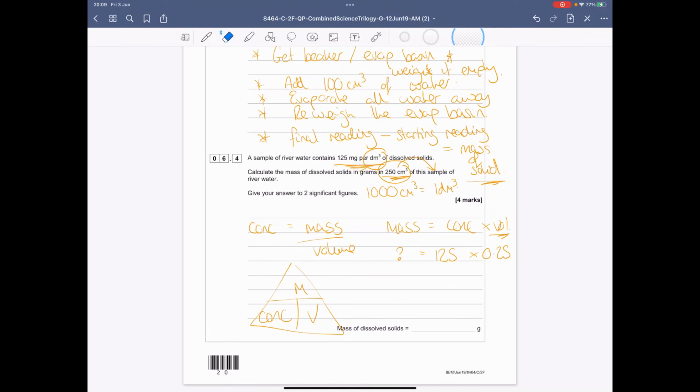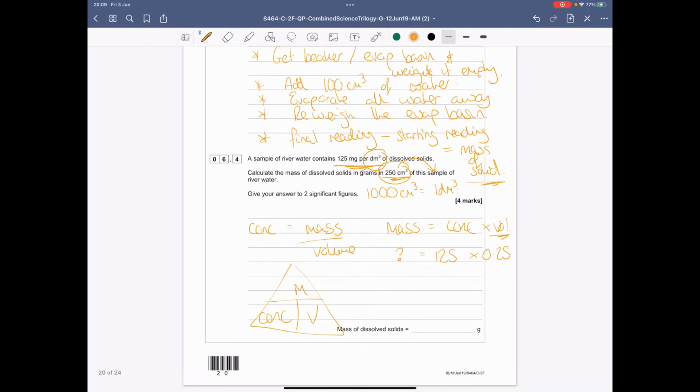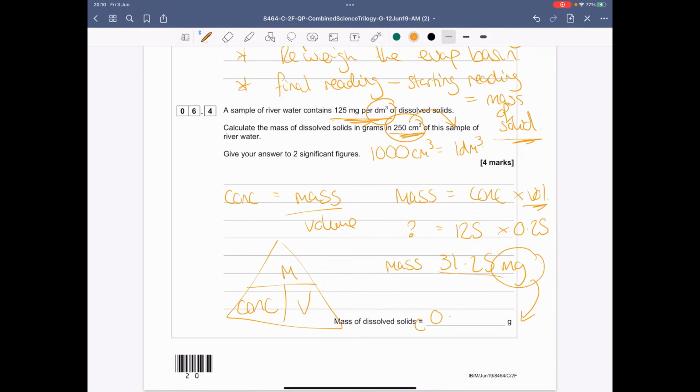So that would give me a reading of 31.25 milligrams, and that is my mass. However, the question isn't asking for it in milligrams, it wants it in grams. So to convert 31.25 milligrams into grams, you would divide it by 1,000, which gives you an answer of 0.03125 grams. But they want it to two significant figures. So therefore, I just want my first two numbers. So it would be 0.31.